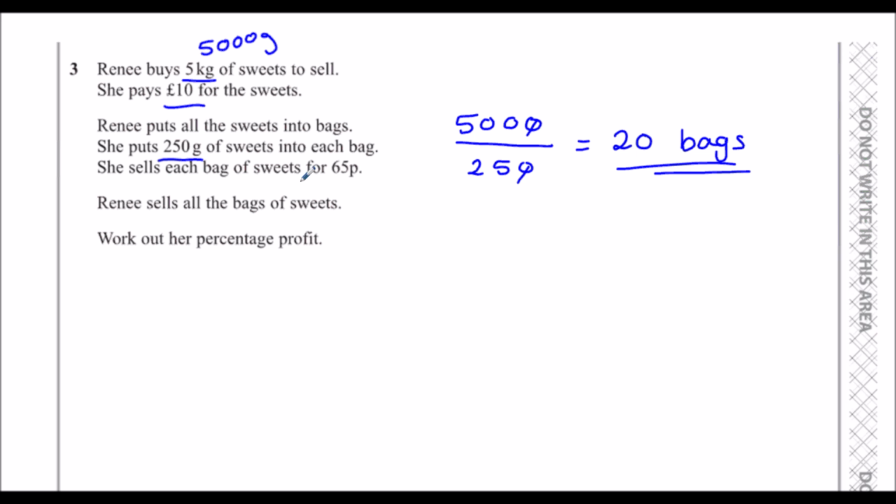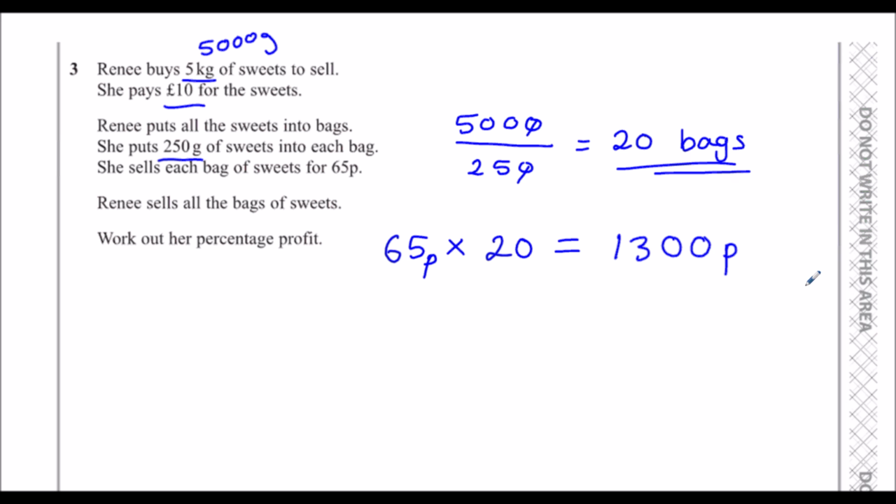She sells each bag for 65p. So it's 65p times 20. So how much does she sell them for? Put p there so we know. So 65 times 2 is 130 times 10 is 1,300.